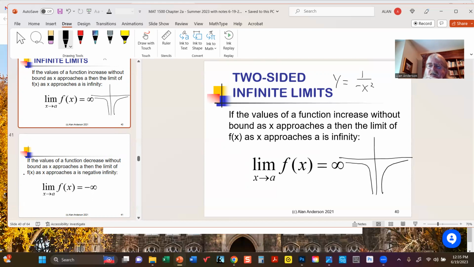Then you can see they'd both be negative infinity, because they're both decreasing to negative infinity.